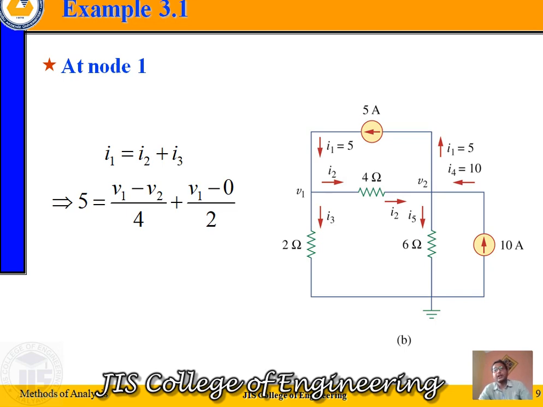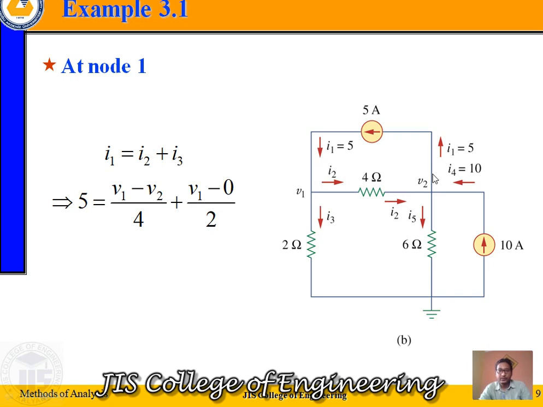Okay. Similarly for node 2, where the voltage is V2, where the 4 branches meet together, we have put the currents. We already considered the I2 current through this 4 ohm resistance is left to right, so I2 current will be left to right, and similarly this upper branch's current. For node 1, the I1 current is coming into node 1.